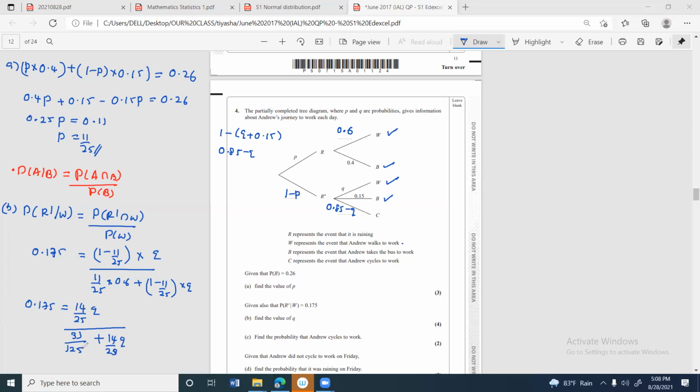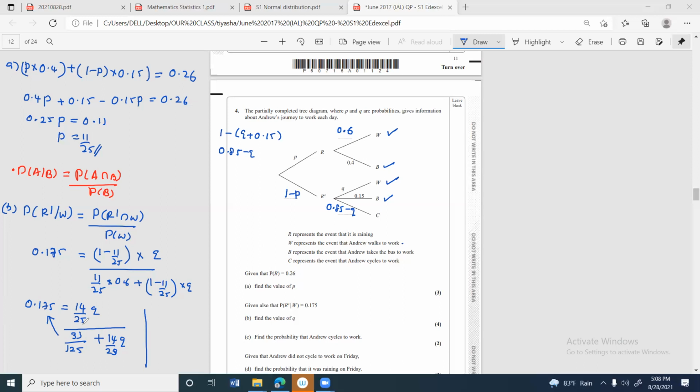You can take this to these sides and cross multiply. If you simplify further, you can get the answer Q becomes 0.1. We'll work it out and see.